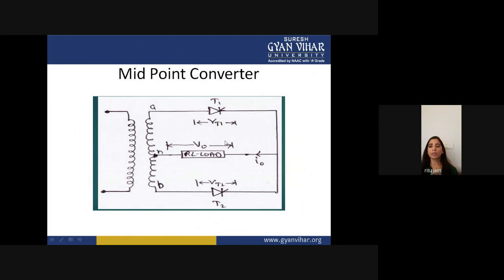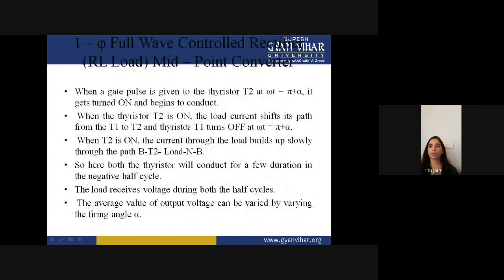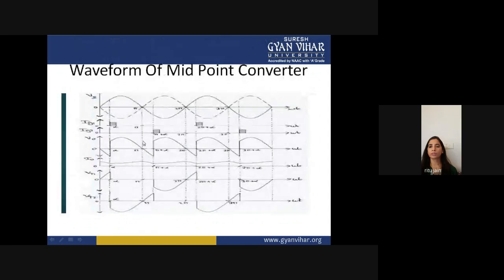Okay, when the load is inductive, due to this inductor, the thyristor will not turn off at this point. Okay, so it will keep conducting and you can see that you are getting the output current from pi to pi plus alpha.